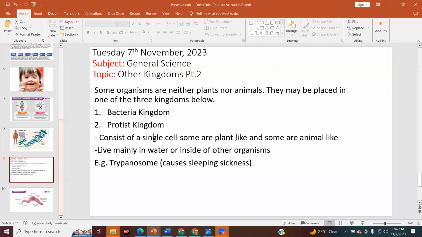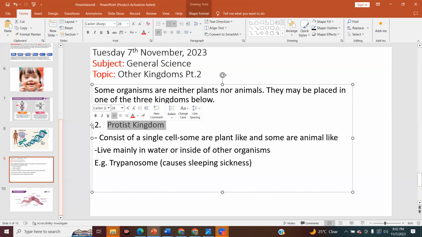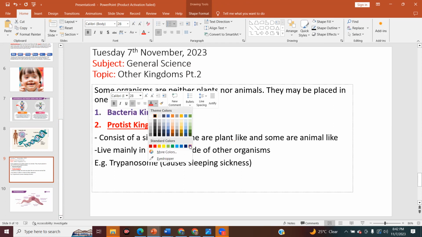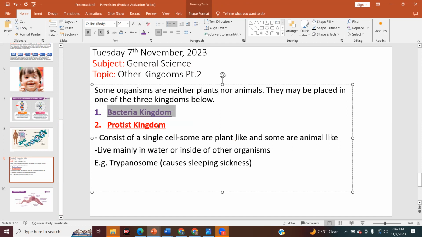Another type, by the way, let me highlight this. So this is the protist kingdom. This is the bacteria kingdom. The next type that we have is going to be the plasmodium. We talked about this before.